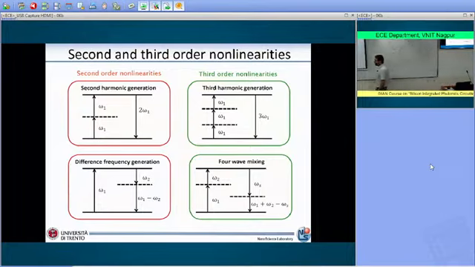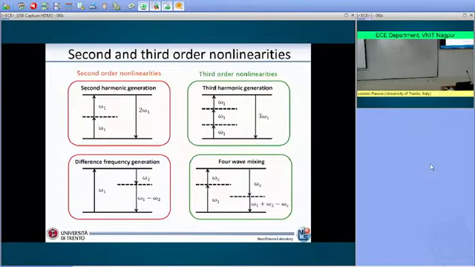We call this photon the pump photon, and the other two photons the signal and the idler photon. Therefore, in this difference frequency generation process, one pump photon generates two photons.